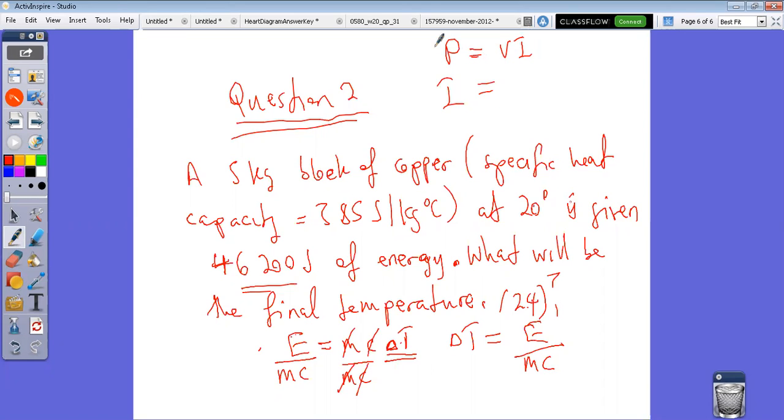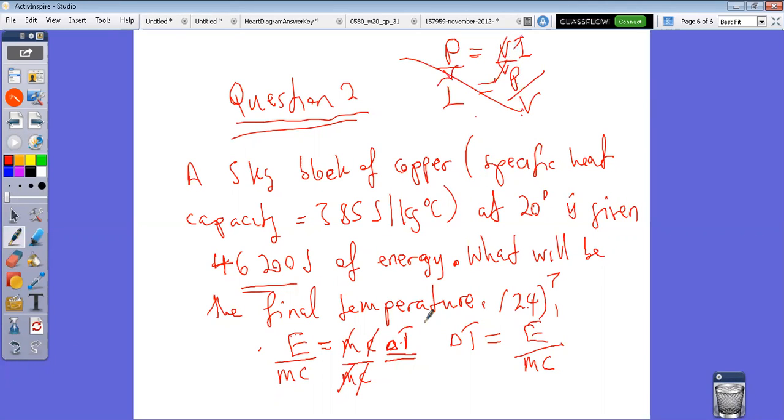Tell me so that we are together. I don't want V here, so I divide both sides by V. So I is equal to P over V, power divided by voltage, because I'm doing the same to both sides.